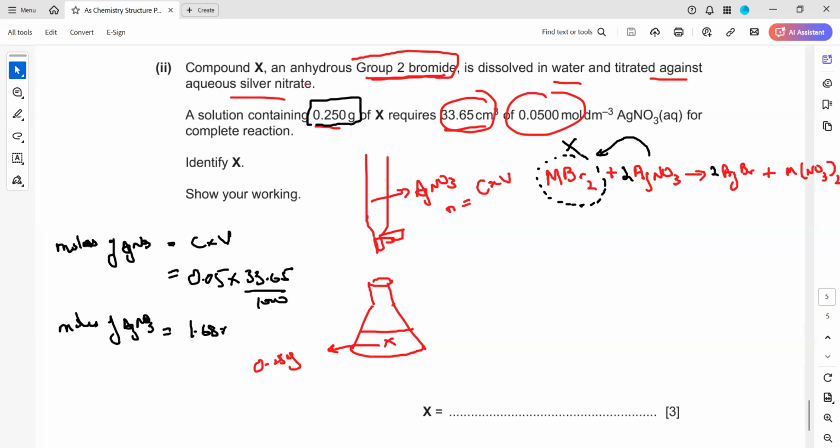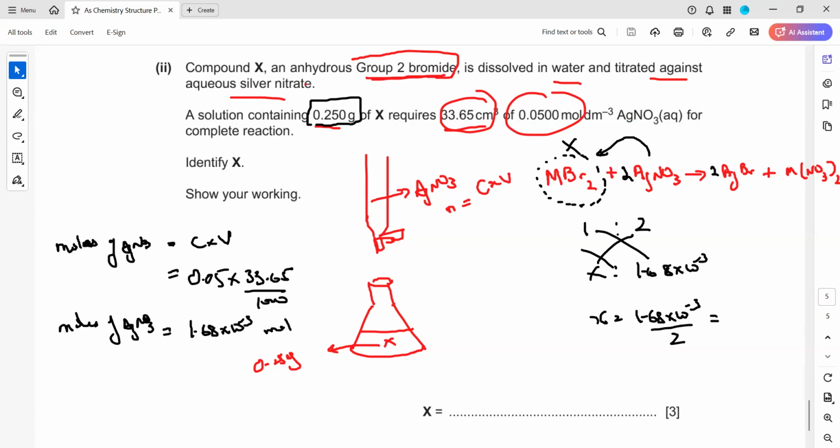We got 1.68 × 10^-3 mole. Then we'll find the moles of compound X, but the ratio between them is 1:2. So the moles of this compound will be half of it, 1.68 × 10^-3 divided by 2.